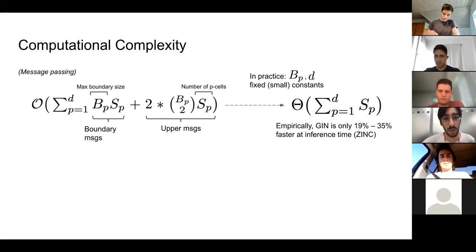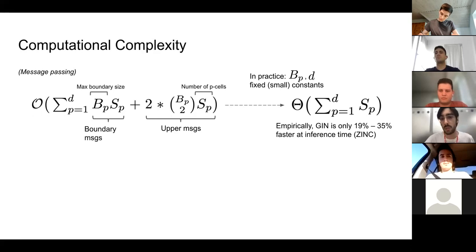But if we consider the maximum dimension D of the cell complex to be fixed and constant in practice, and we consider BP and SP, the number of P cells at a certain level, to also be small constants, which is the case in practice when we model molecules, then we can rewrite this equation and get something which is linear in the overall size of the cell complex.